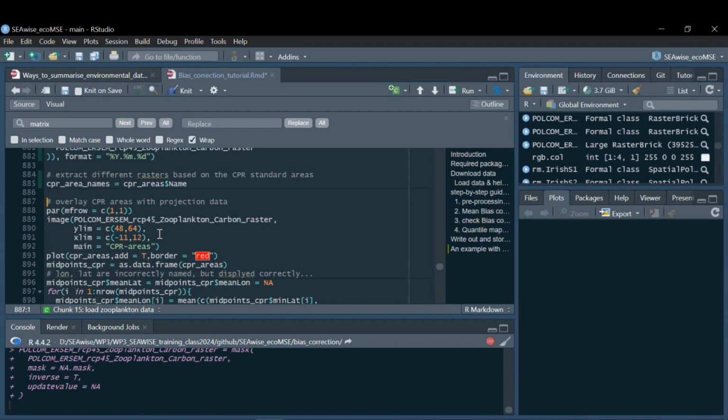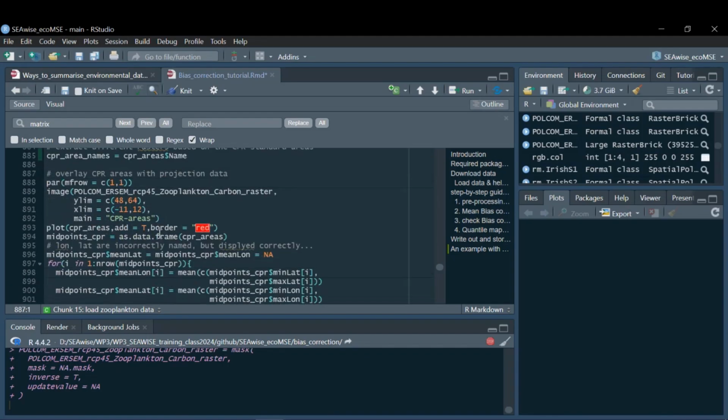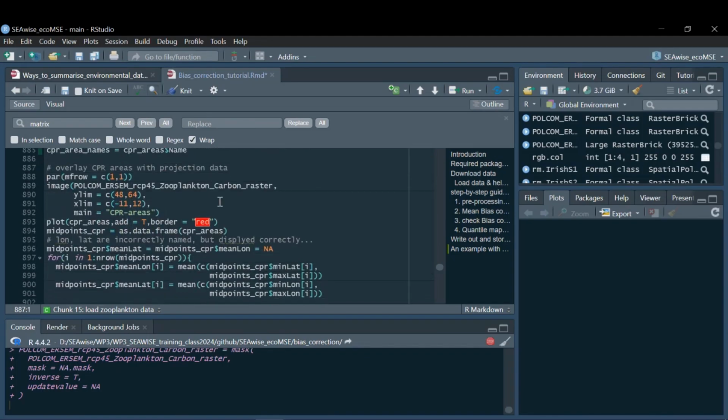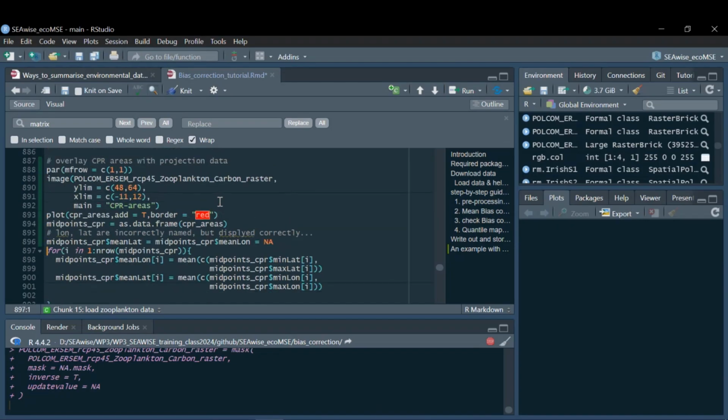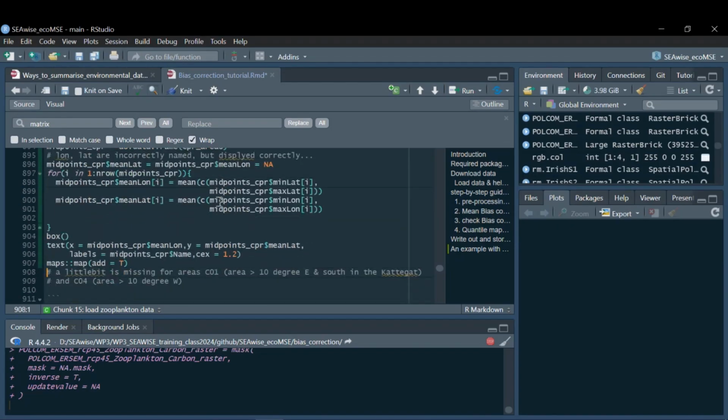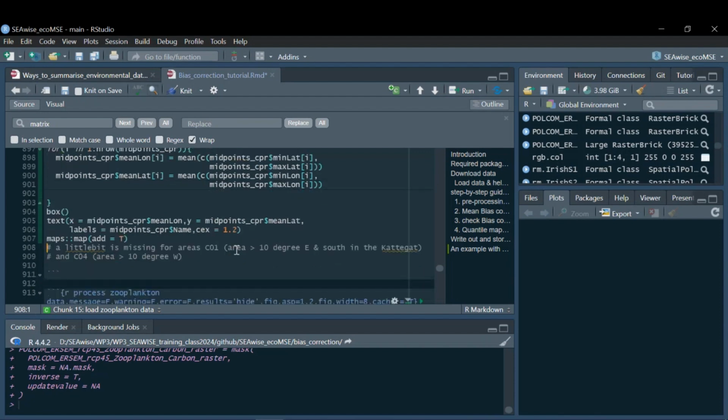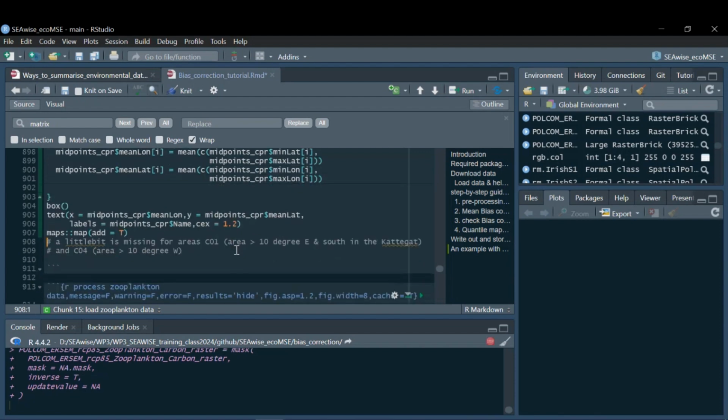So, and then we can plot those things and overlay the CPR areas with the projection data and look at how those CPR standard areas and the projected data would align in space.